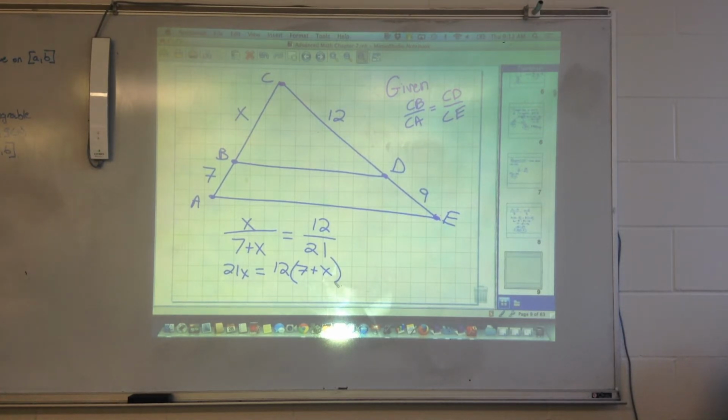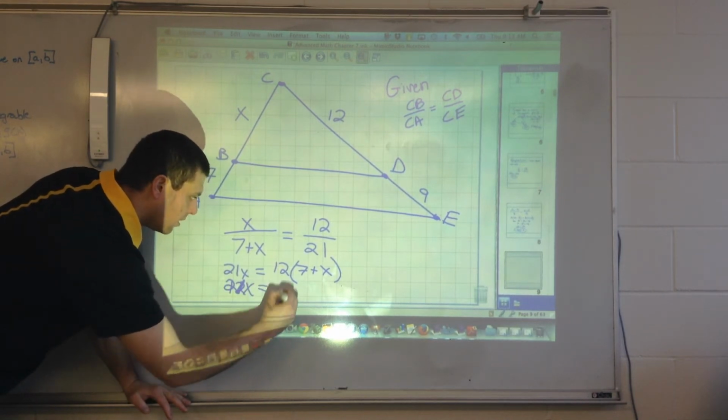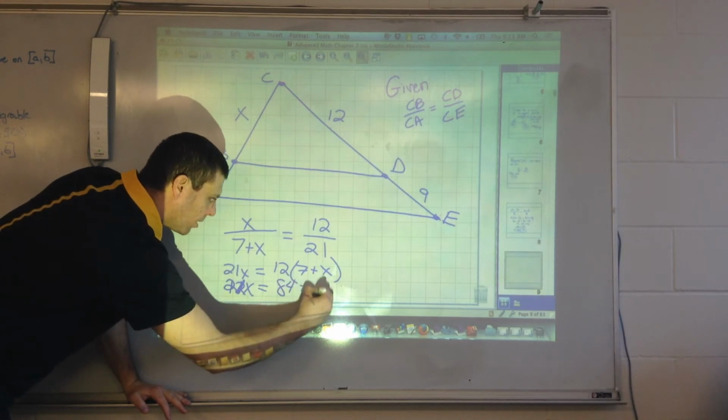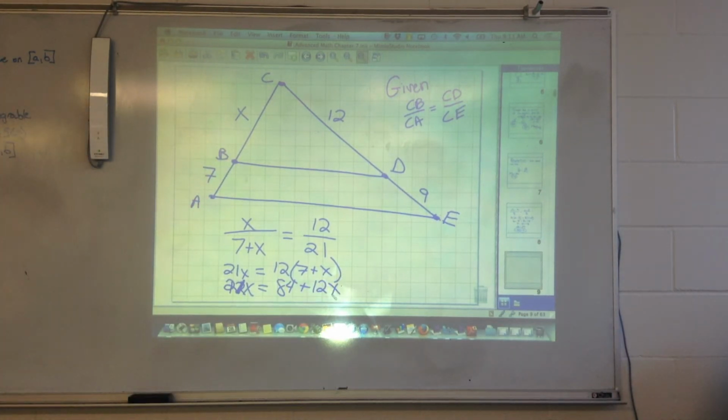Next step, distribute. Yep, very good. 21x equals 84 plus 12x. Get all your x's onto the same side, so minus 12x from both sides.